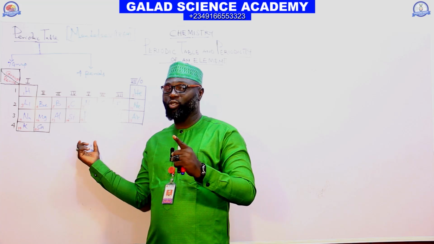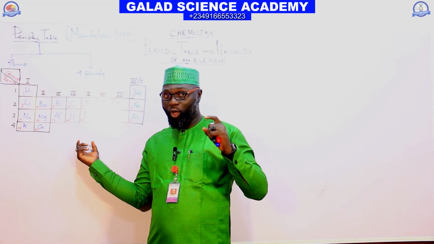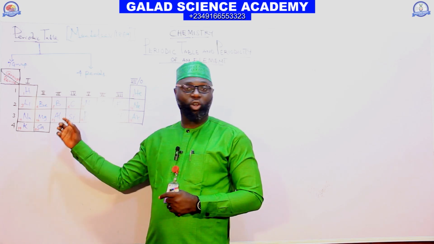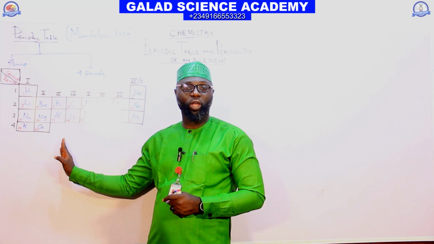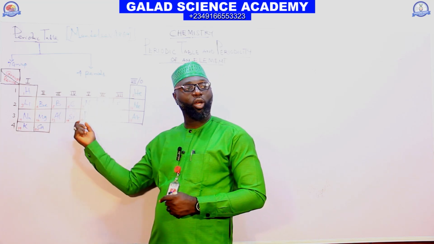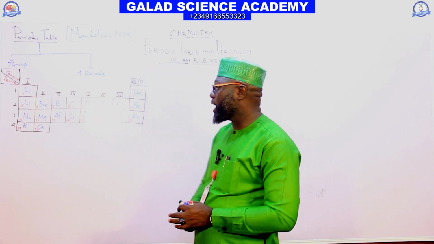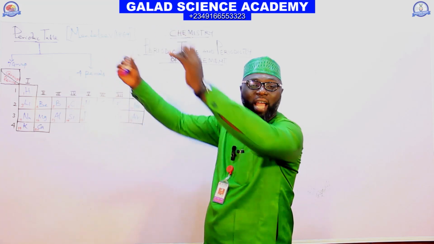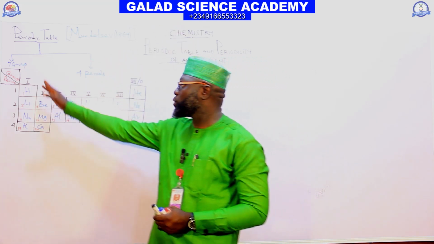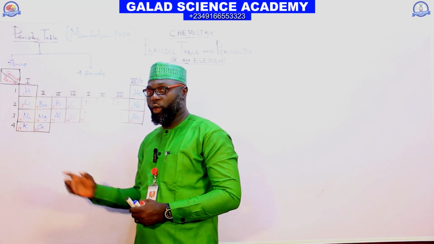The standard one comprises transition elements, 110 elements we have. But this one is comprised of just 20 elements. The basic one is the periodic table that is comprised of the first 20 elements. I said the periodic table is comprised of 7 groups, and then 4 periods.